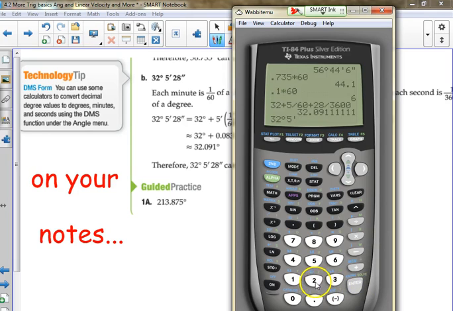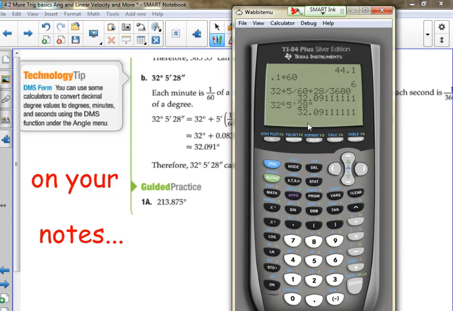And then we're going to type 28 right behind that. And then this is the pain. It's not in there because you use the quote marks when you do programming. So they have it on the actual home screen of the calculator. It's alpha plus. Do you see it there? So alpha plus will give us the seconds, and then we'd get that 32.09111. Okay?